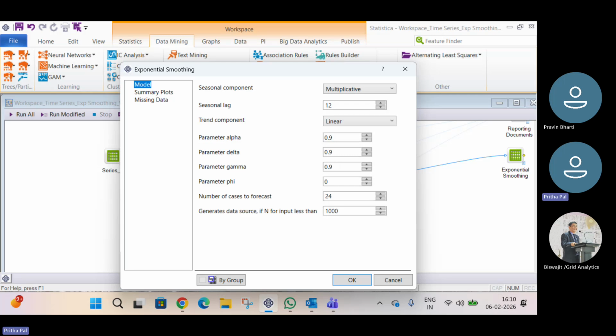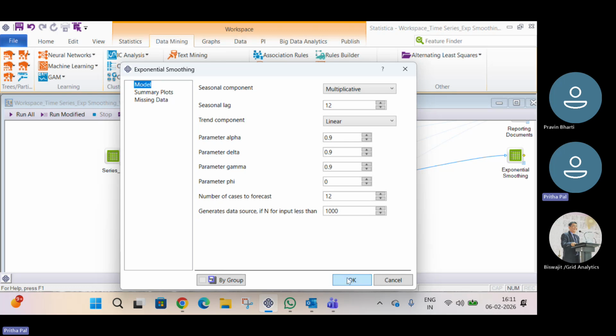You can take any value of these three parameters from 0 to 1. These are the ranges of these parameters. And here again I am taking the number of cases to forecast as 12. You can take any of 12, 24, 36, etc. Up to 48 it will give robust results.